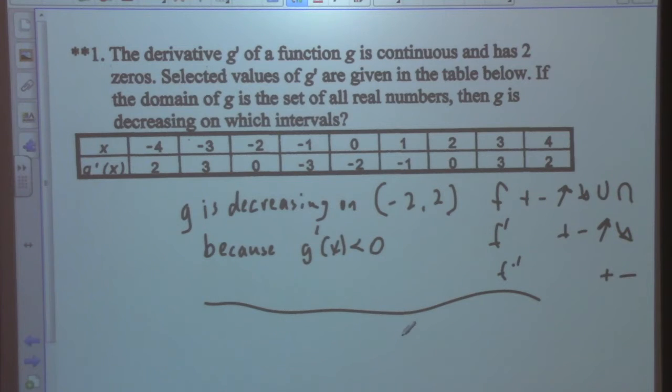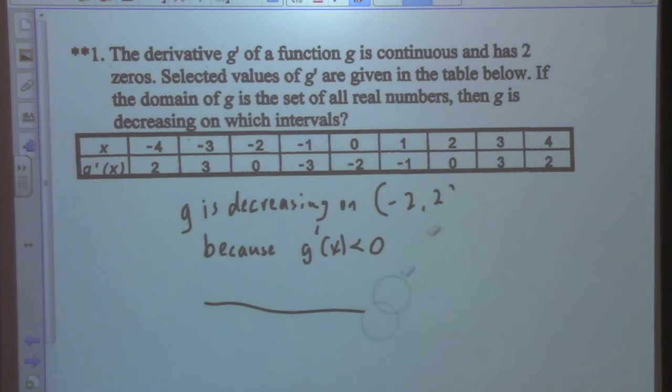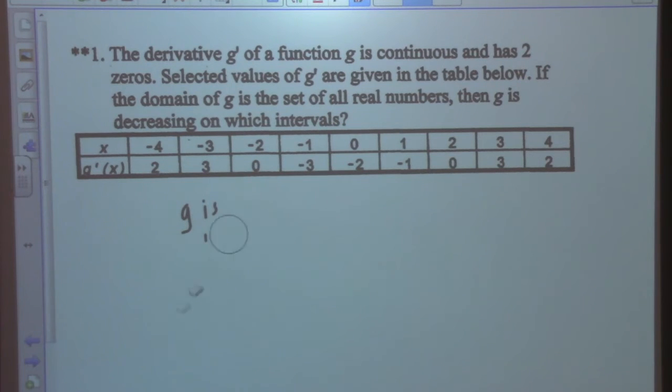That was 20 seconds of drawing. So this is exactly what we're talking about. We see g prime is less than 0, meaning that is the interval over which g is decreasing. And again, this is a real AP test problem as designated by the asterisk here.